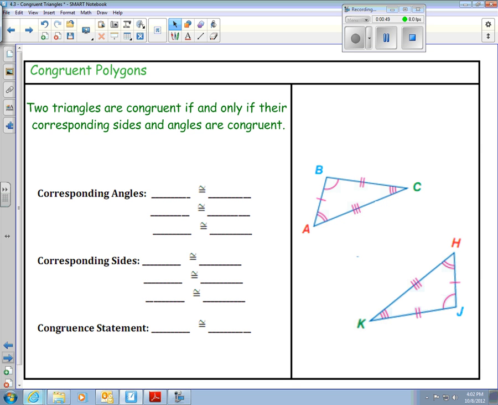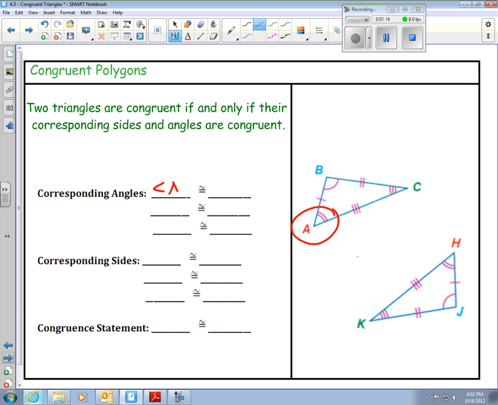So congruent polygons. Remember, a polygon is going to be a lot of different shapes: triangles, squares, rectangles, trapezoids. Those all fall into polygons. Two triangles are congruent if and only if their corresponding sides and angles are congruent. Yesterday we talked about making sure that we label angles by their vertex.